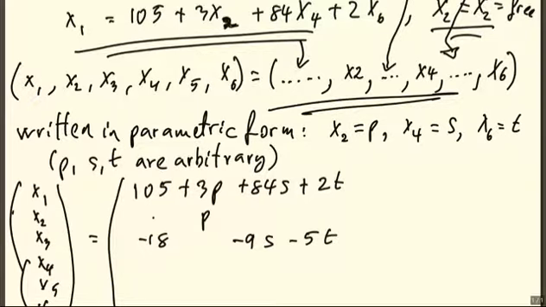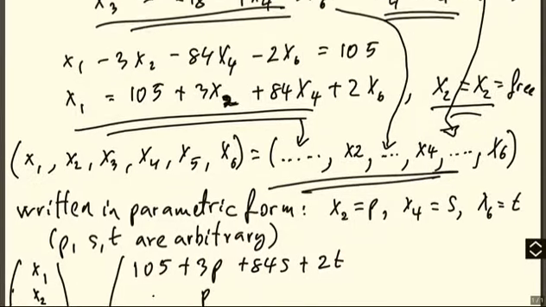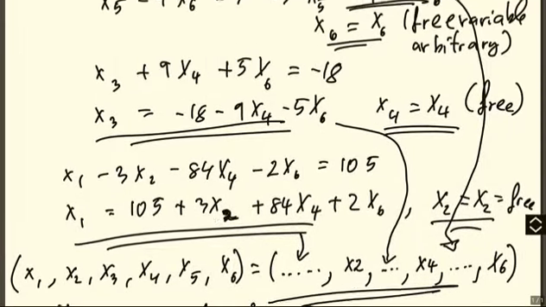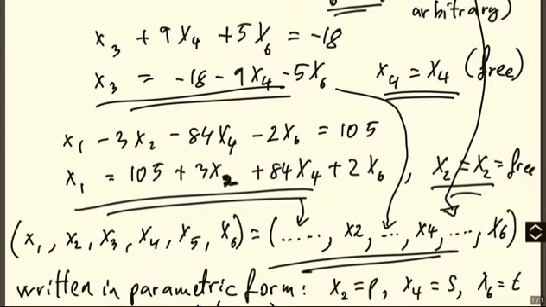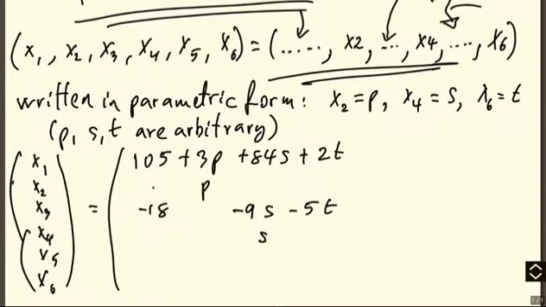Then x4 is just s. x5 is 7 plus 4x6, so x5 is 7 plus 4t, and x6 is just t.